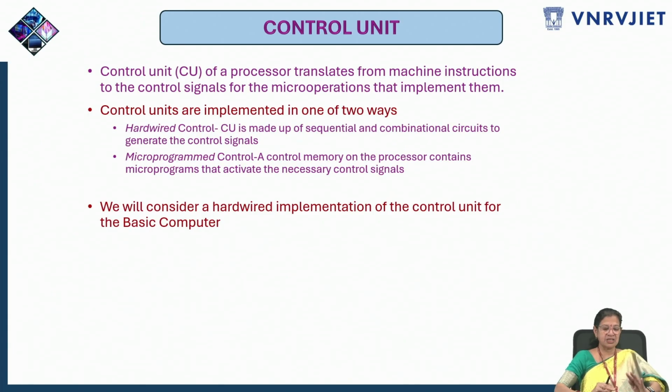A hardwired control unit once designed cannot be changed, whereas a microprogrammed control unit can be amended. As per the changes required, we can change the microprogram in the memory. That is the advantage. Coming to the speed, hardwired control is faster compared to the microprogrammed control unit.